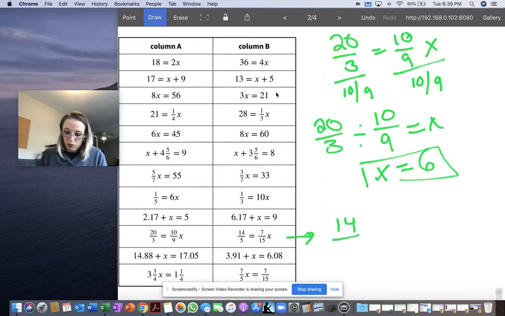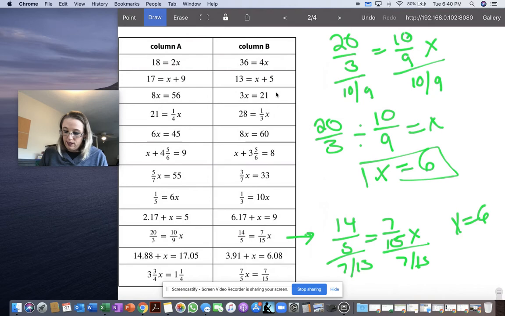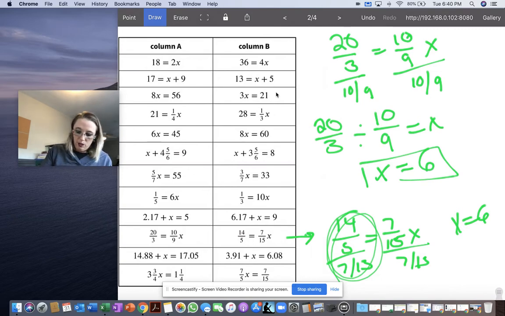Second part of that is 14/5 equals 7/15 x. Okay. Here we go again. Divide by 7/15, x equals 6. Okay, this should be pretty simple by now. We did a whole unit on multiplying and dividing fractions. Okay, so pause if you need to.